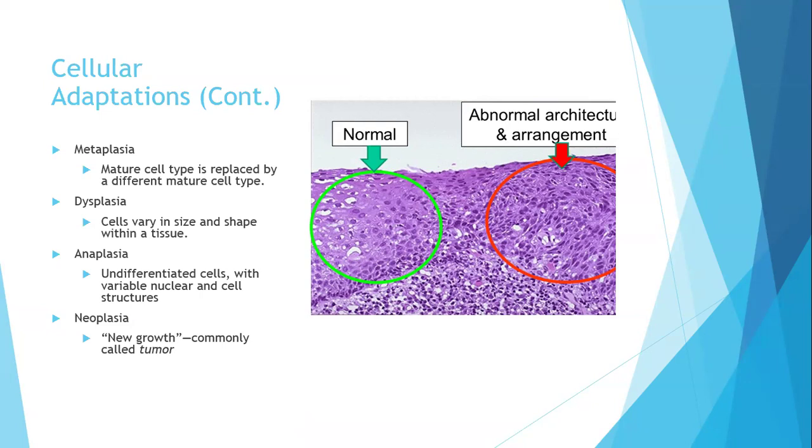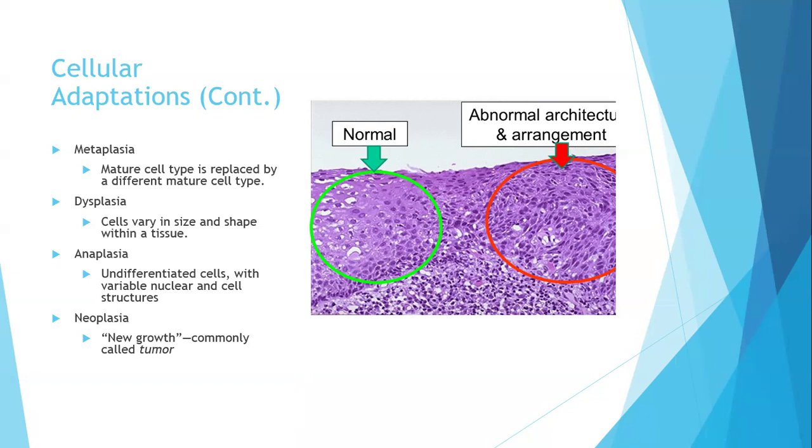Their shape isn't quite right. They don't have all the normal things they need to have. With anaplastic cells, they're undifferentiated. They might have a nucleus, they might not. They might not have all the cellular structures they need. And if they don't, then they can't do their job. And if your cells can't do their job, you can't maintain homeostasis.